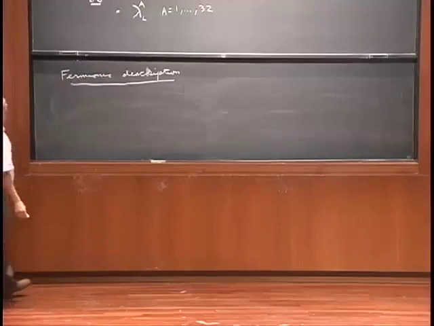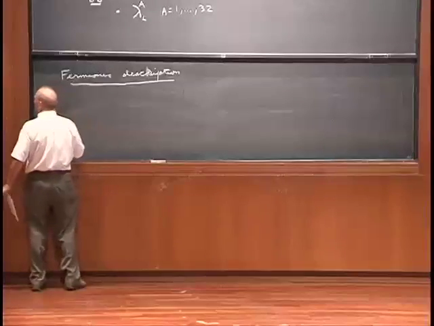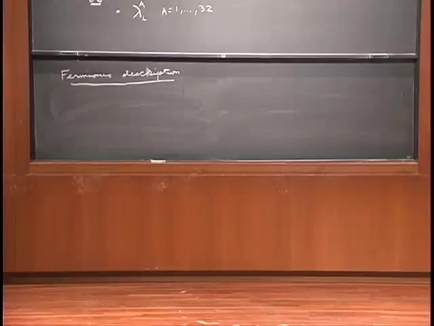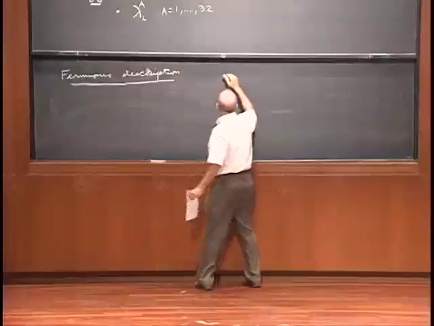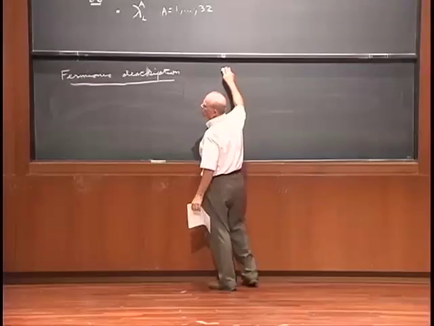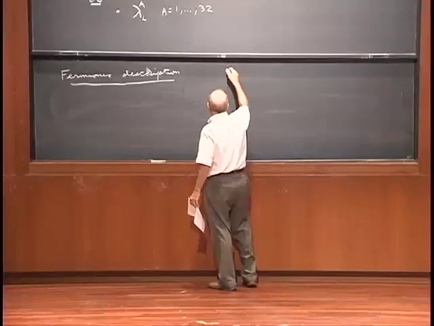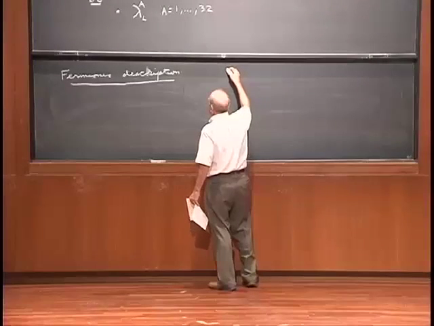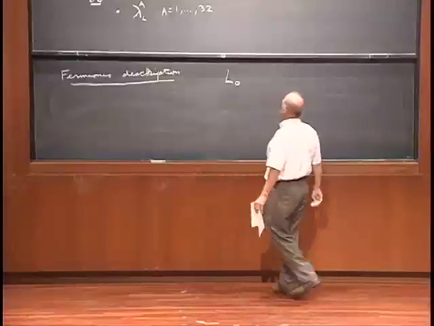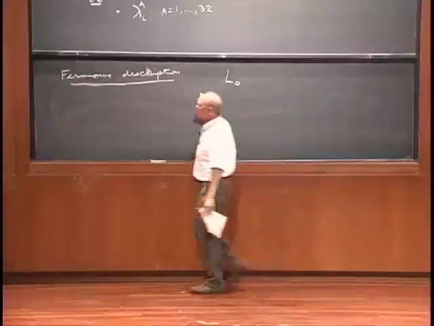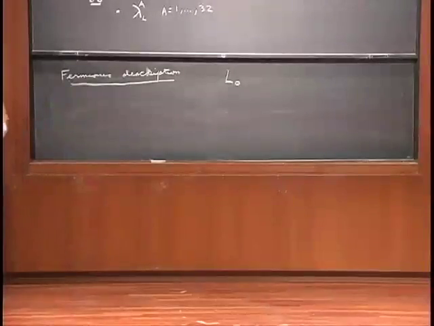And now, in both the left-moving and right-moving sector, if you use the usual formalism, you have Virasoro constraints or super Virasoro constraints. And then you have a mass shell condition, which is that L0 has some eigenvalue. Remember, that's the zero mode of the Virasoro conditions.